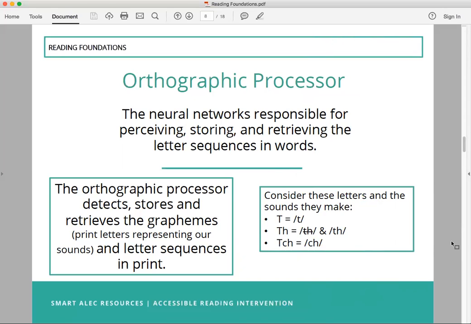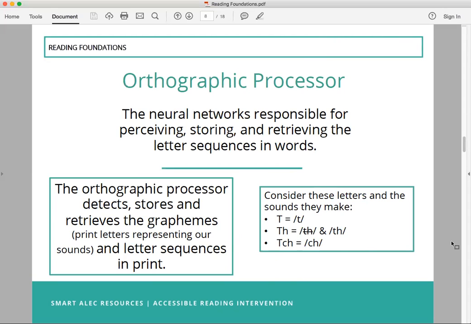When we see a TH, we're thinking either the unvoiced th or the voiced th, so you've got the unvoiced and the voiced. So like in thistle versus this, we've got both of those sounds there. TCH is giving us the ch sound, like in catch, fetch, all of those types of things.